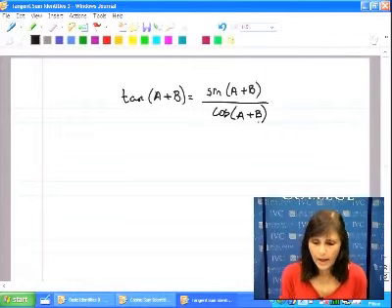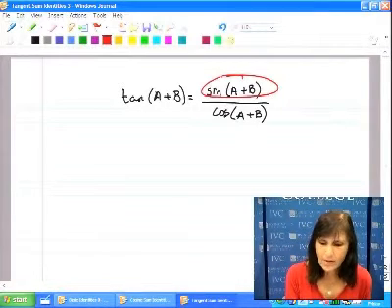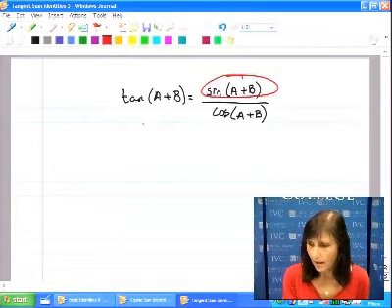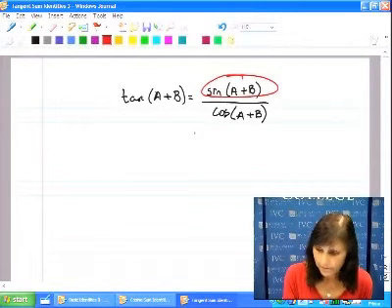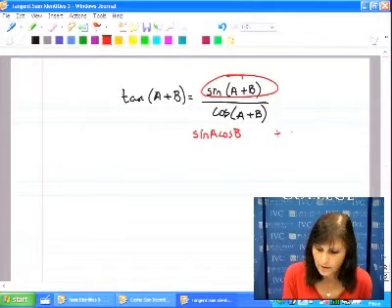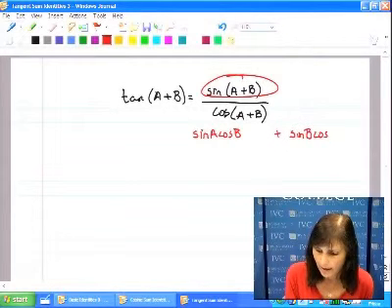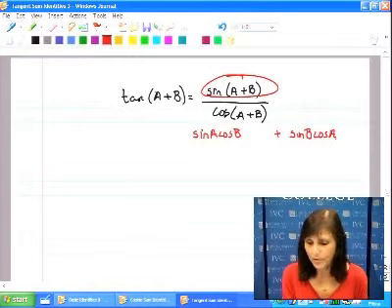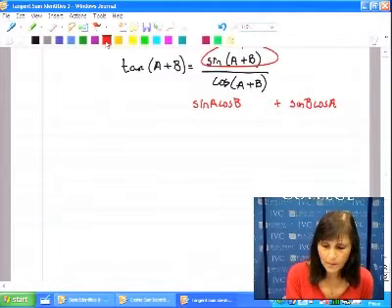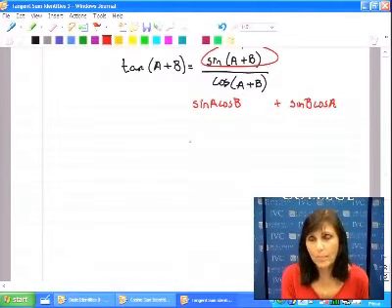Now let's remember what the sine a plus b formula was. That was the sine formula, and it looks something like that: sine a cosine b plus sine b cosine a. I remember that from the previous video. And what was the cosine a plus b?